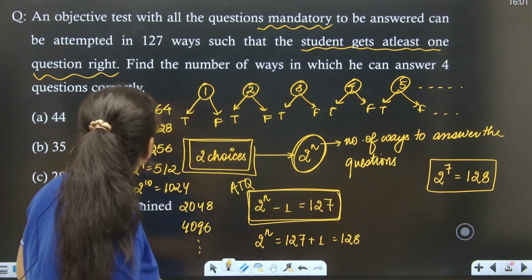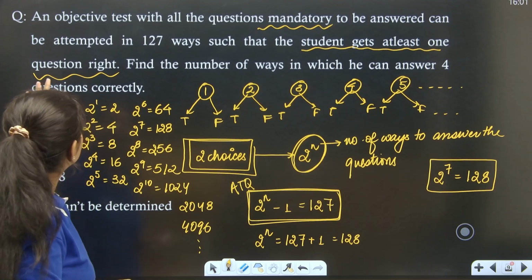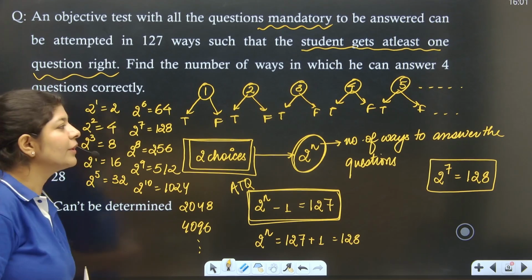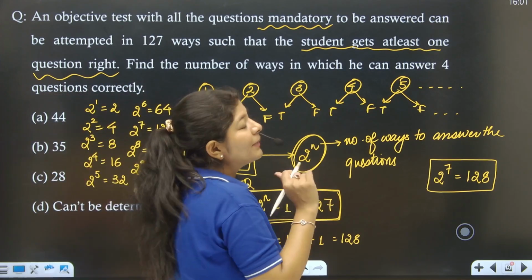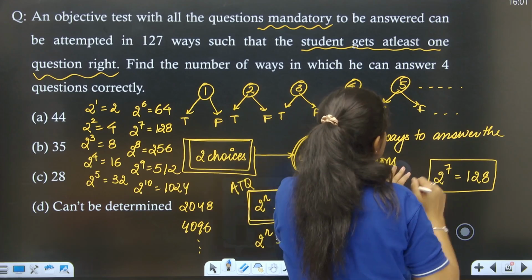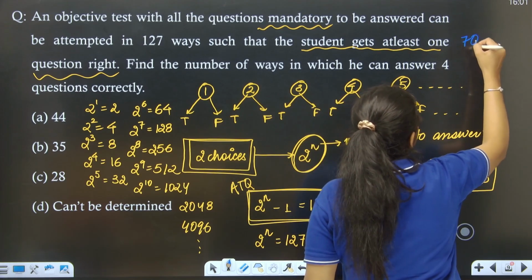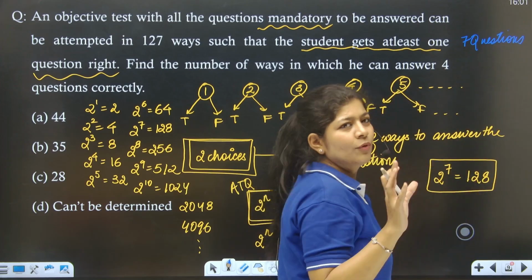Now the question is saying to find the number of ways in which he can answer 4 questions correctly. We only need to answer 4 questions correctly. Total, the questions that you are having is 7, and out of that you only need to answer 4 correctly.